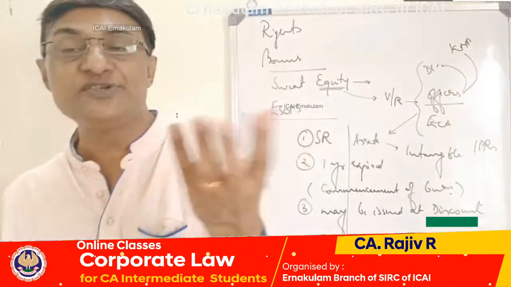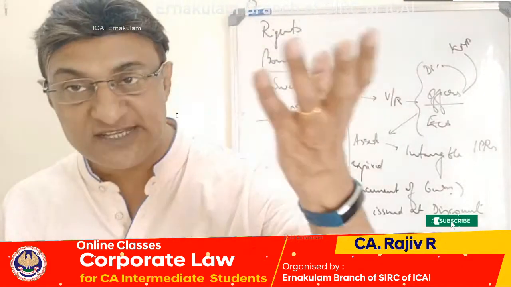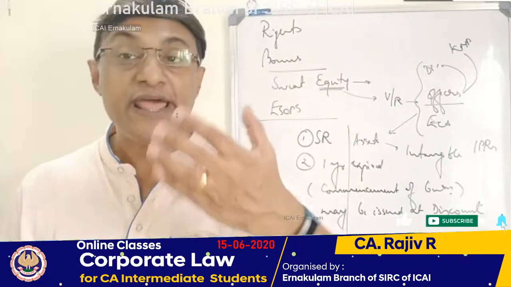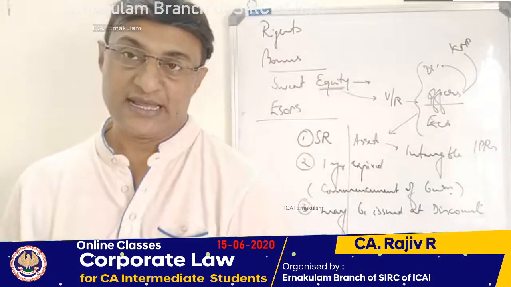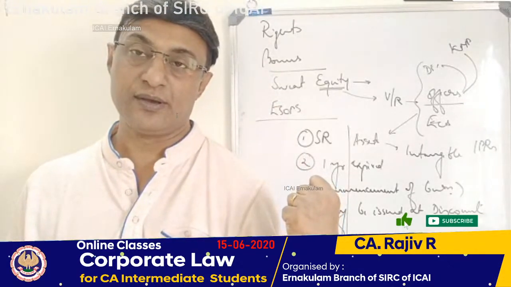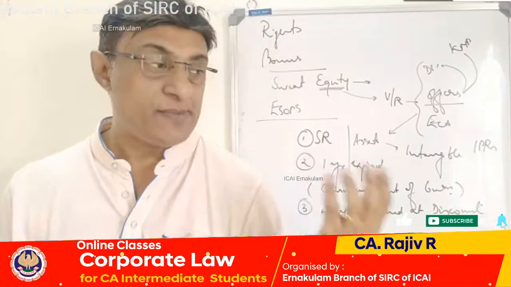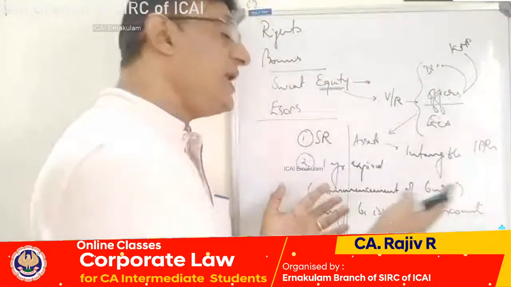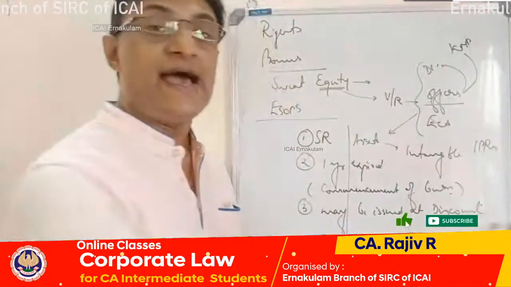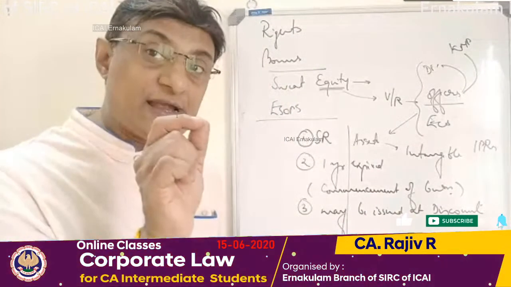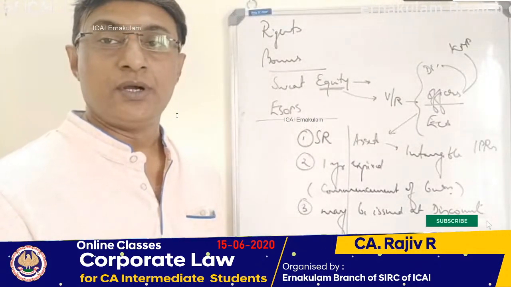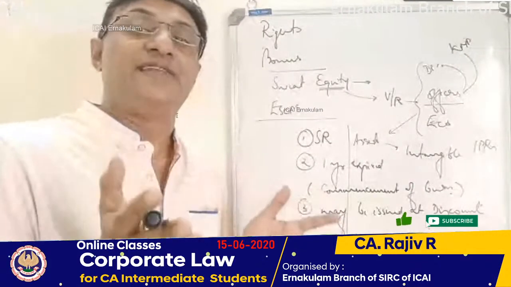What is its acquisition price and what is its market price? The larger the gap, the greater is the possibility that the shareholder will accept a rights issue. So similarly here, this is the only class of equity shares which a company can issue at a discount. I will come to the logic why a little later. So these shares may be issued at a discount.